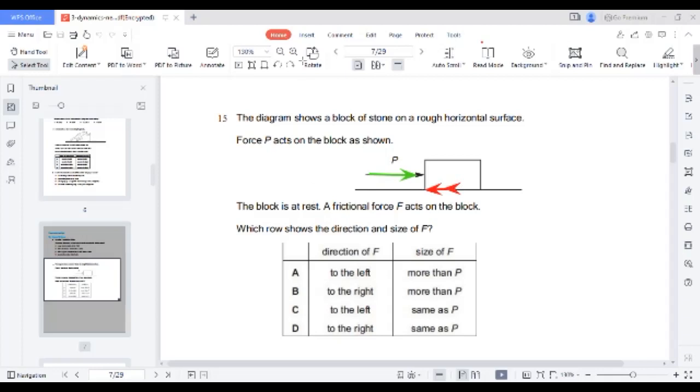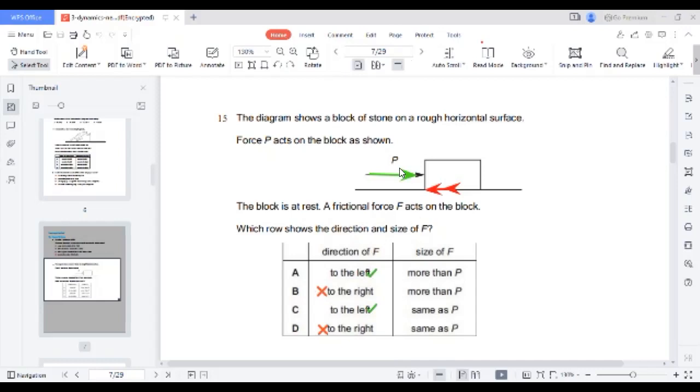So the direction of F is towards the left. Let's mark the left side. Here is the left side, here is the left side, and this one is cross.